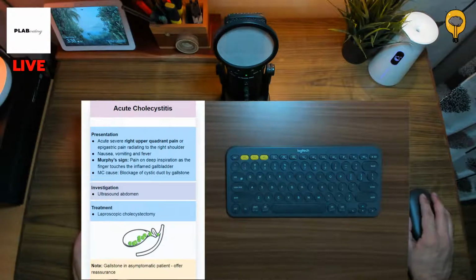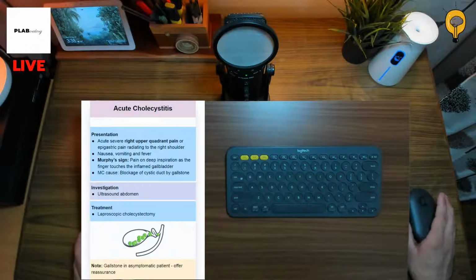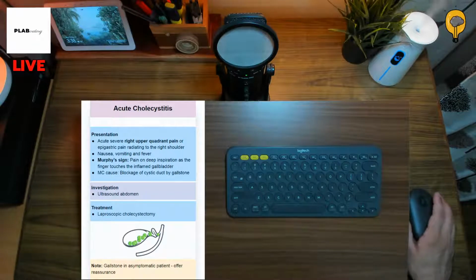Investigations: CRP would be raised, white cell count would be raised, and ultrasound will show a thick-walled, shrunken gallbladder.